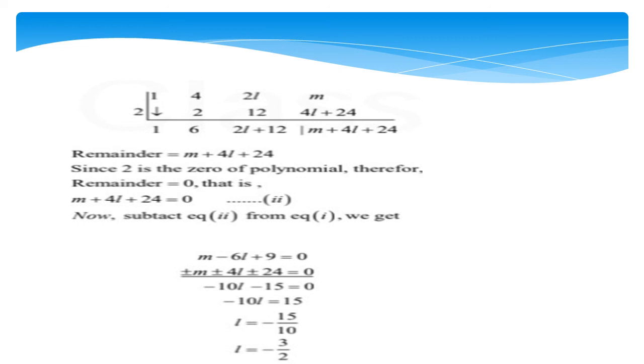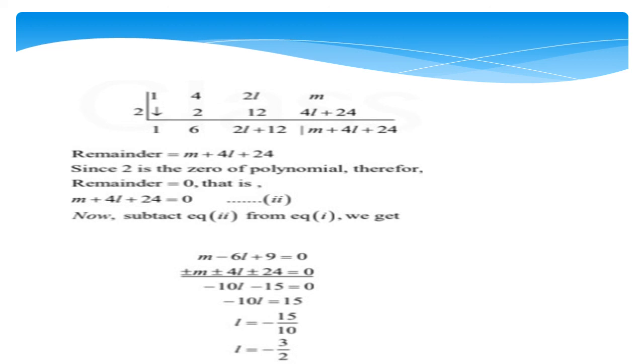The remainder is m plus 4l plus 24. Since 2 is a zero of the polynomial, m plus 4l plus 24 is equal to 0. This is the second equation, and the first and second equations are to be solved together.